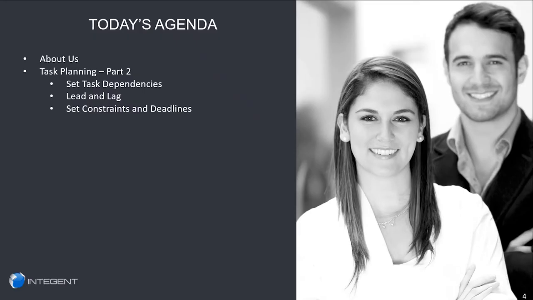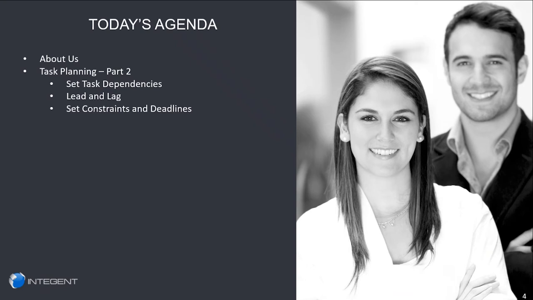So first today, we're going to talk a little bit about Intigent and who we are and what we do. And then we're going to jump right into our task planning. We're going to look at the different kinds of task dependencies: what the different kinds are, how you set them, what that means in terms of how the tasks are going to relate to each other, and how to create a very dynamic schedule so that once you get into the execution, you can understand the flow of your schedule and anticipate what changes are going to do.